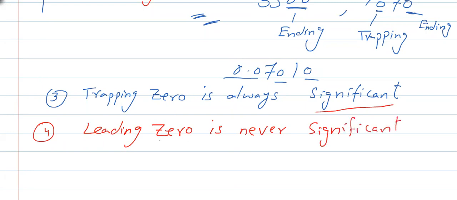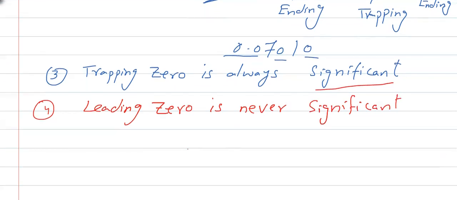Your leading 0 can never be significant. Like, let me write in this case 0.007. Now, about this one, we know 7 is clearly significant, but these zeros are leading. Being leading, they will not be significant. So I can say only one significant figure. I will bring the example, but right now remember this rule.